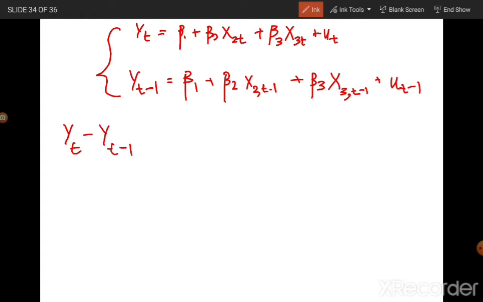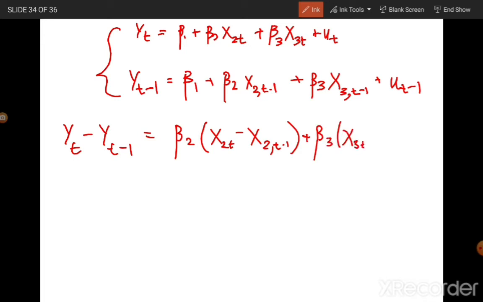I take the difference as yt minus yt minus 1. Then beta 1 and beta 1 cancel, so I'm left with beta 2 times x2t minus x2t minus 1, plus beta 3 times x3t minus x3t minus 1, plus the error difference, which I'm going to call vt, right?